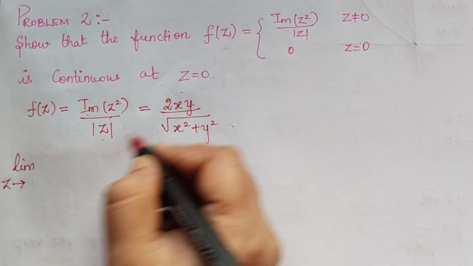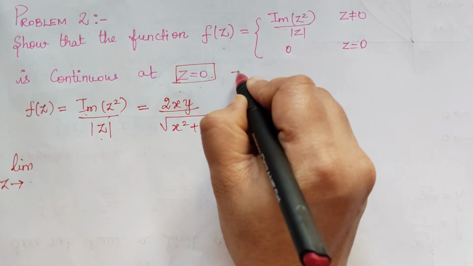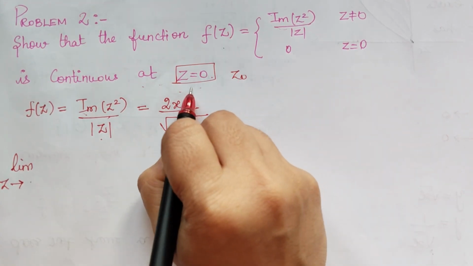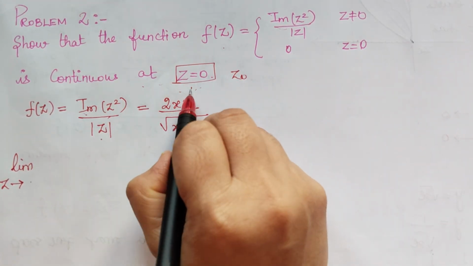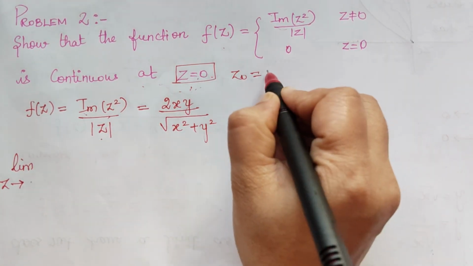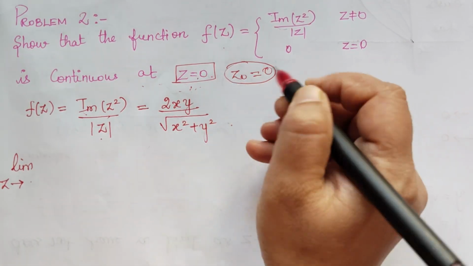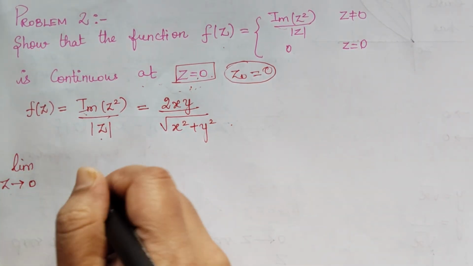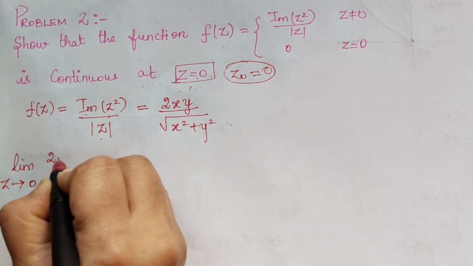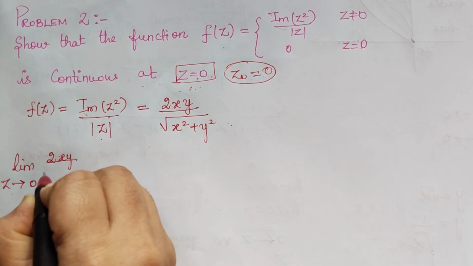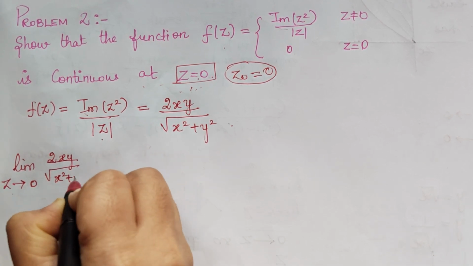What is z naught over here? It is the point where we have to prove continuity, that is 0. So the limit as z tends to 0 of 2xy divided by square root of x square plus y square.